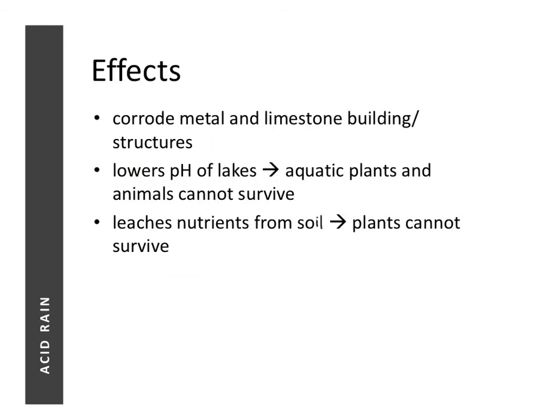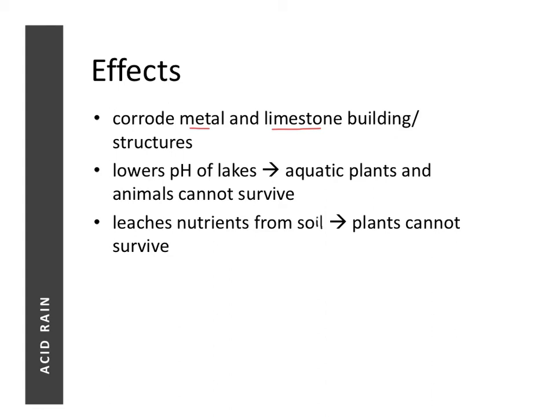Another question that you will be commonly asked about acid rain is the effects of acid rain. So you need to mention that they corrode metal and limestone buildings or structures. Again, it's very important to be specific in stating your effects. When you say that it corrodes buildings, you may not get the mark because you have to be specific. It doesn't corrode all kinds of buildings.